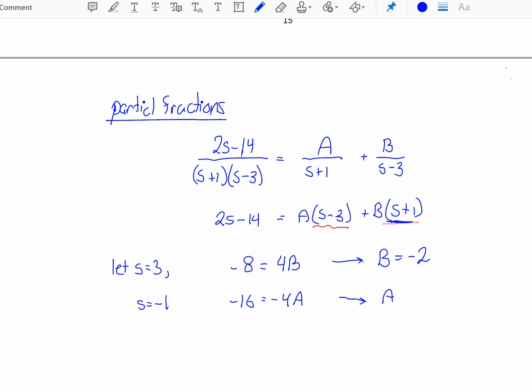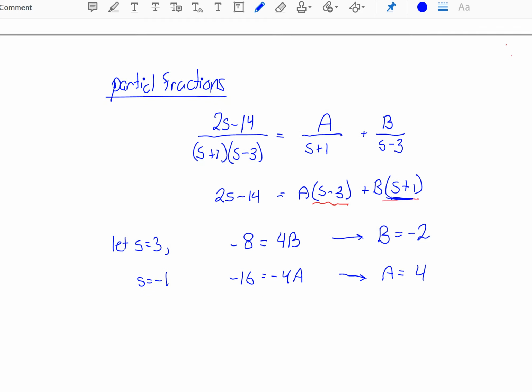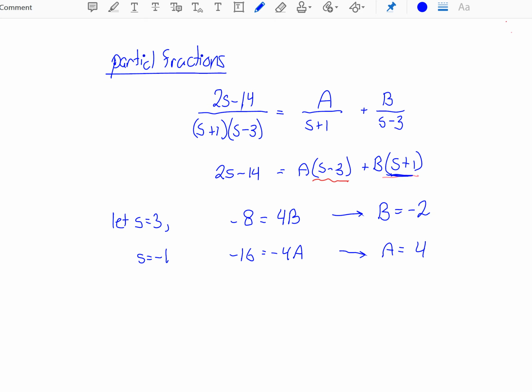And so that a has to be positive 4. This allows us to rewrite our inverse Laplace transform as y of t is the inverse Laplace of 4 over s plus 1 minus 2 over s minus 3.